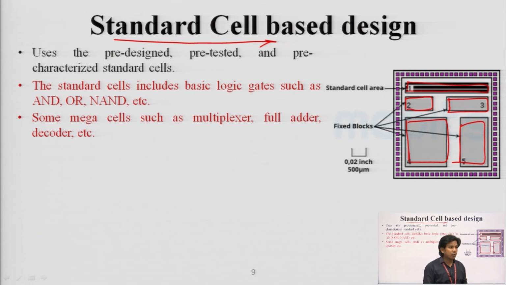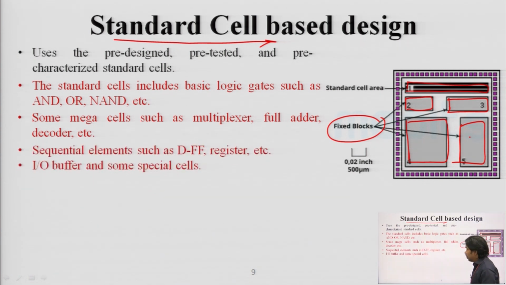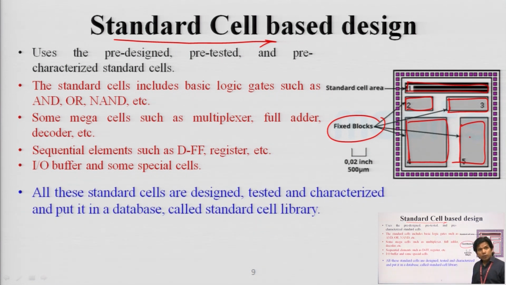Apart from that, we also have different kinds of mega blocks. These blocks can be seen here. Different mega blocks will be here, such as a multiplexer, demultiplexer or different kinds of functions that can be done by these mega blocks. All these different standard cells can be easily seen in the standard cell library.